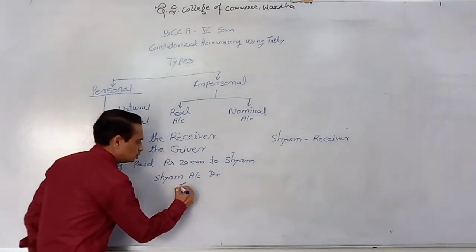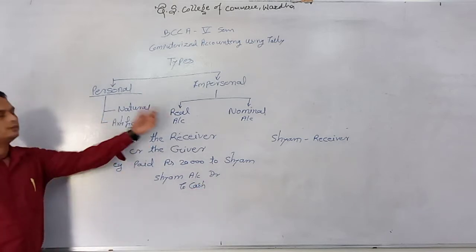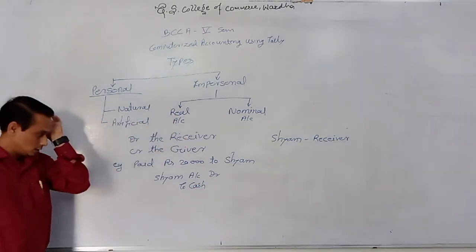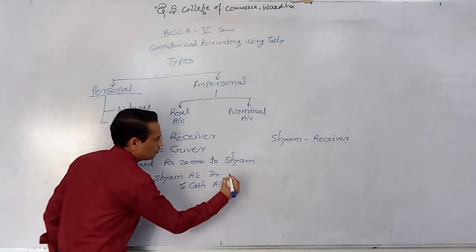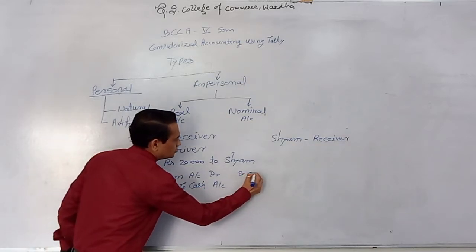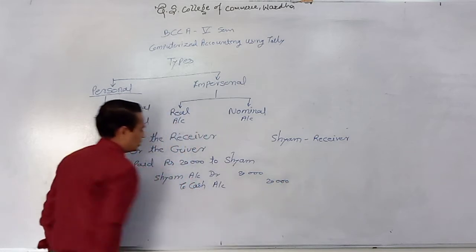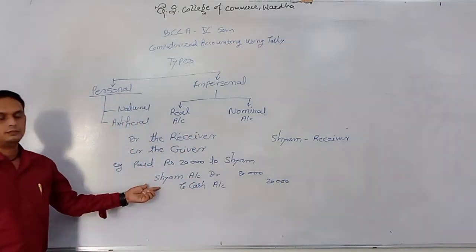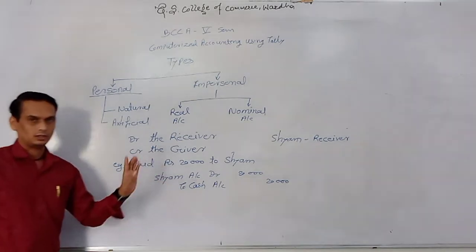So to cash account. Normally cash account is a real account. So to cash account 20,000. Shyam is debited to cash account.